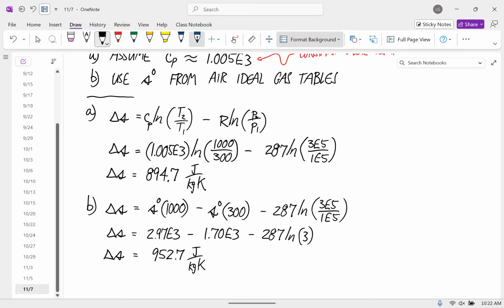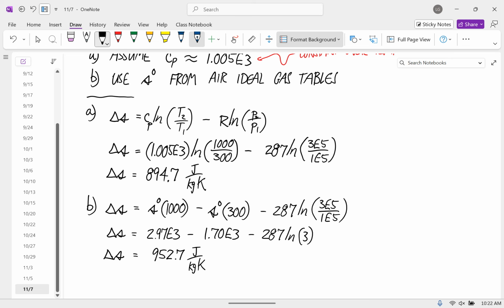So which of these two would we think of as right? If we're going to figure out the percent error in the other one, which one do we expect to be more accurate? Yeah, B is the one we expect to be more accurate.